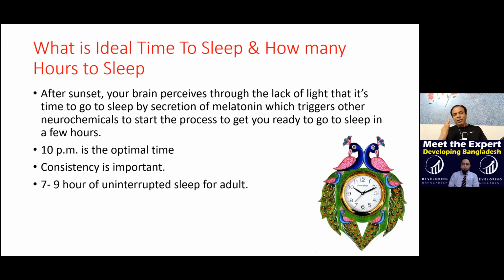And by sunset, they used to come back to their caves and go to sleep. So it was perfect. During the light, they used to be awake, and during the darkness, they used to go to sleep. And our circadian clock is set in that particular fashion.